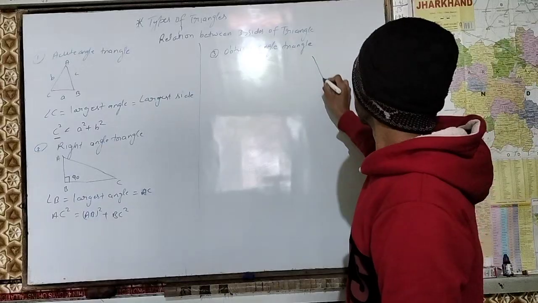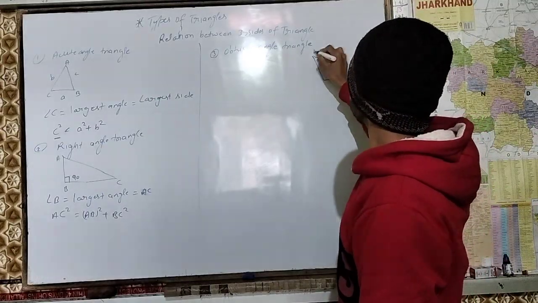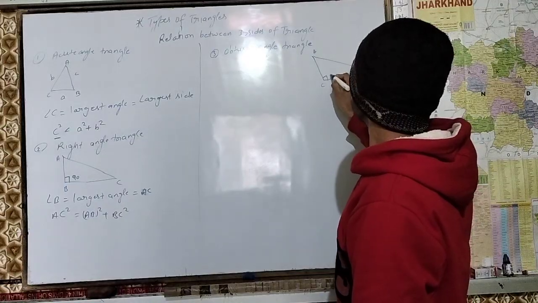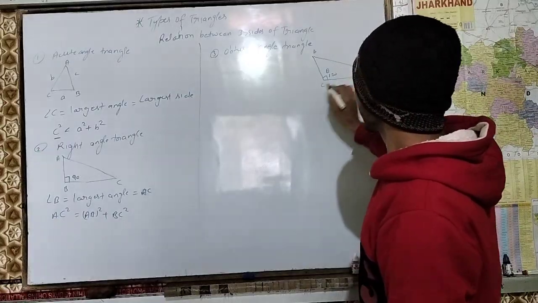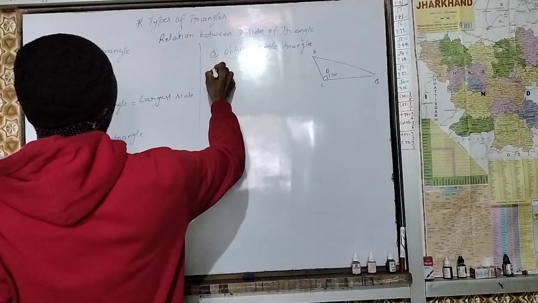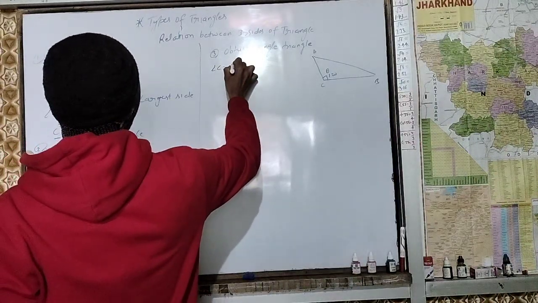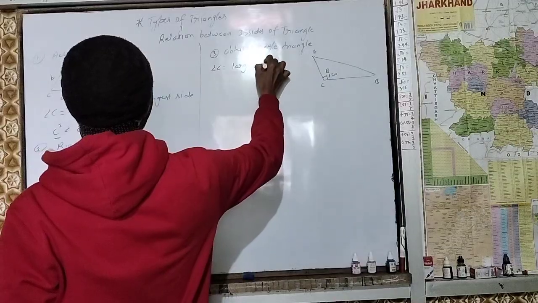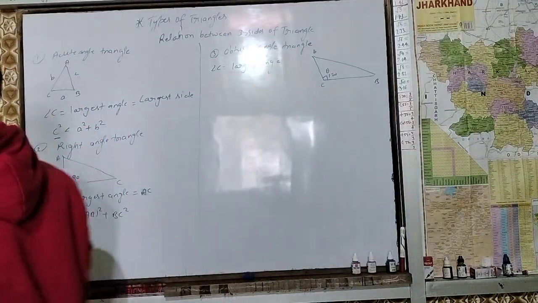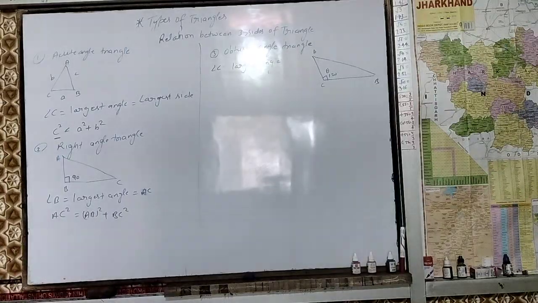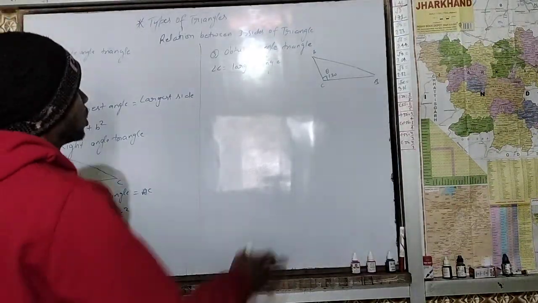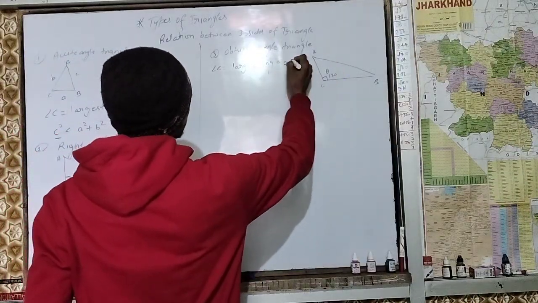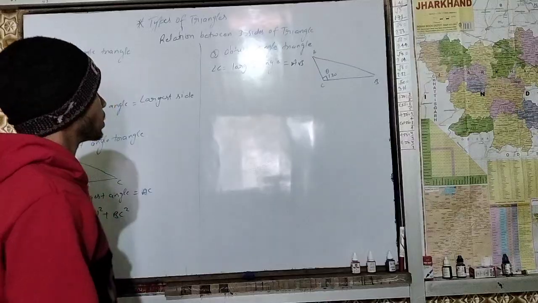But over here, A, B, C, let's just say this is 120 degrees. Angle C is the largest angle. Try to understand. If angle C is largest, this would be the largest side.